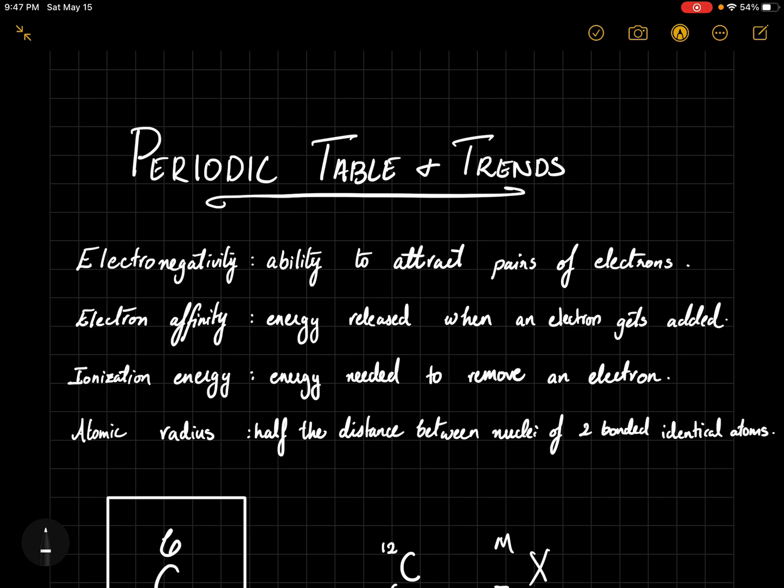It's going to be very similar in terms of its trend to the electronegativity trend. You're just obviously releasing more energy when you add more electrons. That's it.